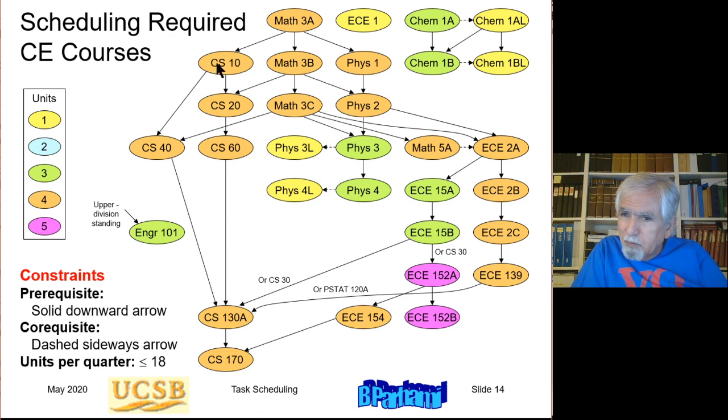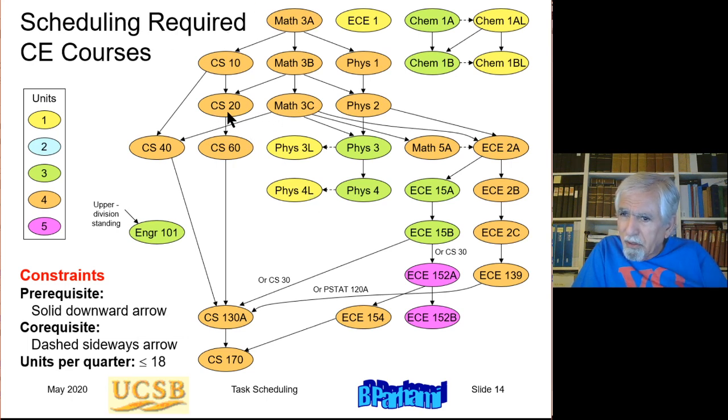Again, let's count the number of units. 4, 8, 12, 15, 16. Okay, that's manageable too. I'm ignoring the general education requirements, language, and so on. I'm just focusing on scheduling these courses.